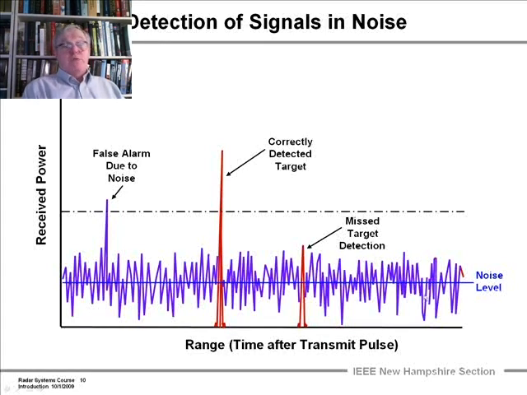It's a random process. It will have an average noise power, and the target will have an average peak power of its own. Here we see a case where if we apply this threshold, we correctly detect a target, we miss a real target, and we have as a detection, what we think is a target, some noise that spiked. We're going to go through how we deal with the probability of detecting a target with a certain probability of false alarm.